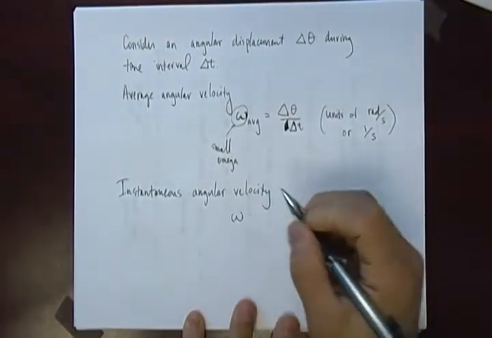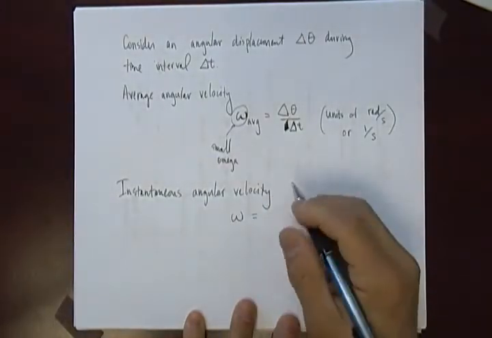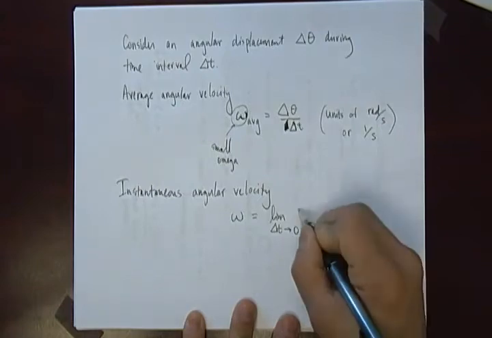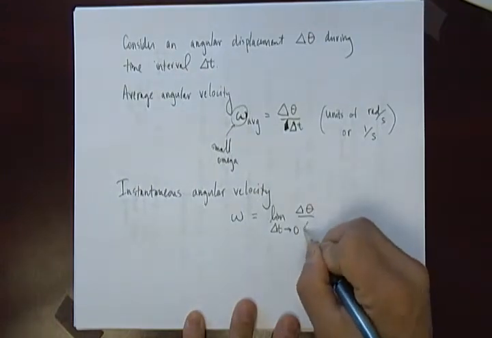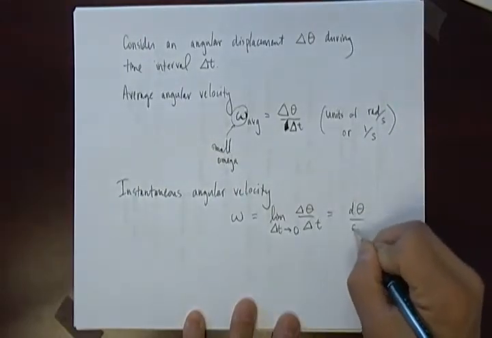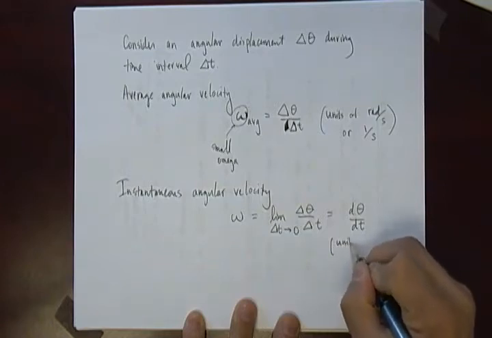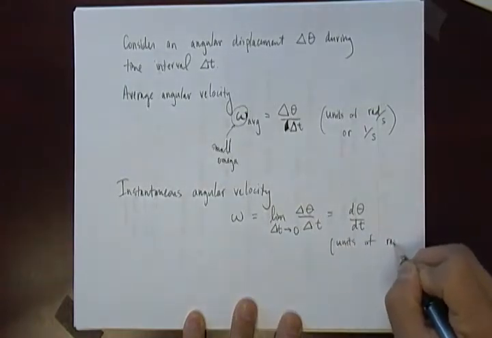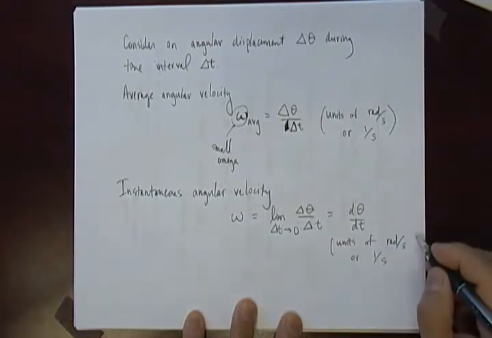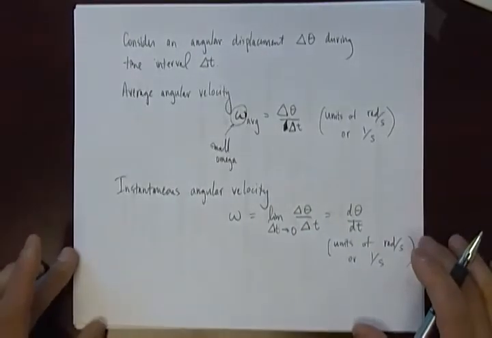So now we just write omega, without the average, and that's equal to the limit as delta t goes to 0 of delta theta over delta t, and that gives us the time derivative of theta. Okay? So this also has units of radians per second if we're being careful, or if we're playing this game where we don't consider the radians as a unit, just 1 over seconds.